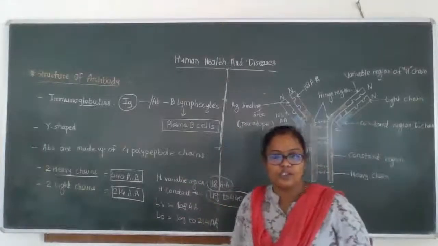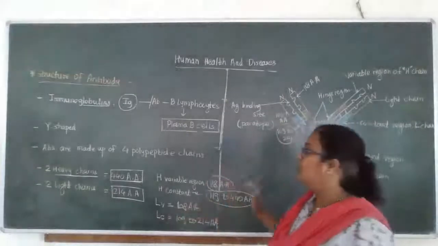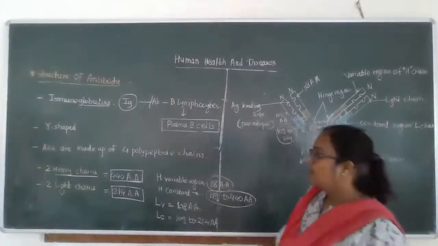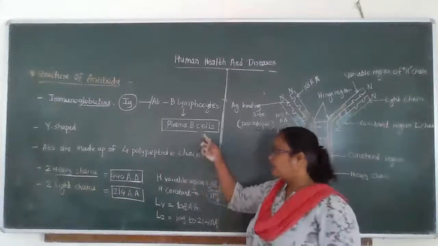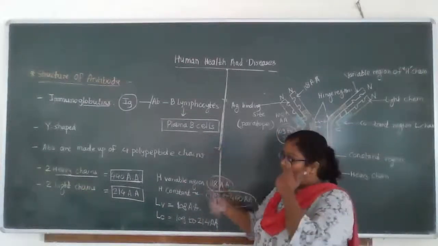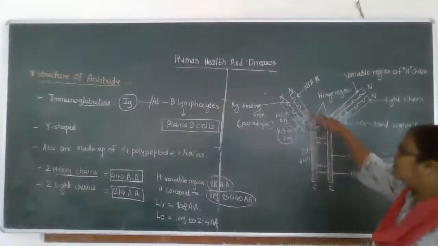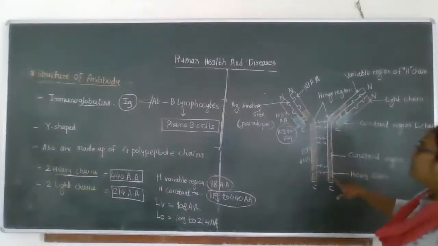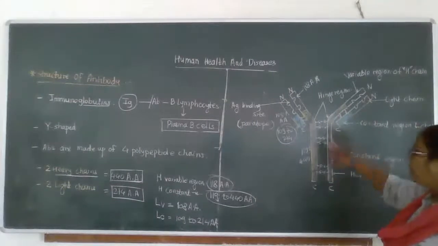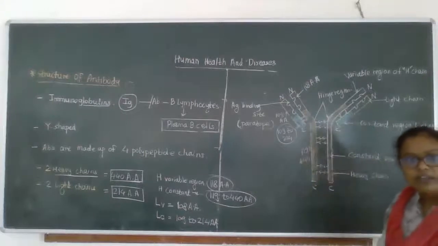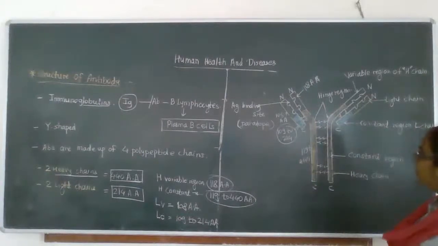Antibodies are also called immunoglobulins. These immunoglobulins are majorly Y-shaped, produced by the plasma B cells, known to be factories for antibodies. They are made up of 4 polypeptide chains. Among these, 2 are heavy chains. The heavy chains are made up of 440 amino acids, and the light chains are made up of 214 amino acids.